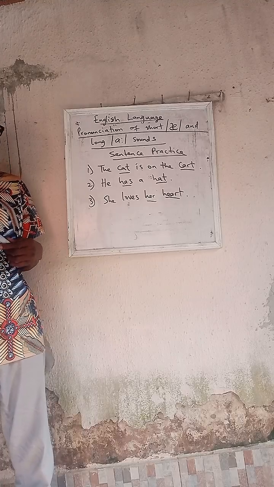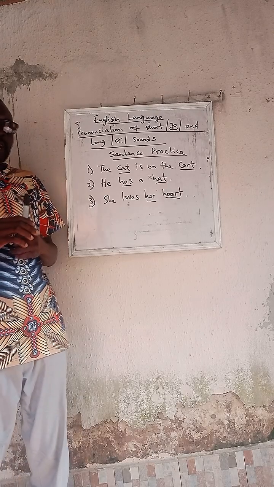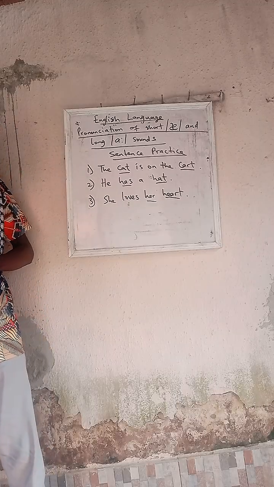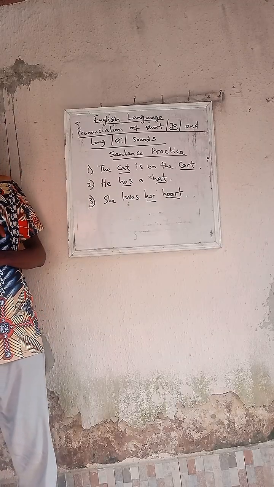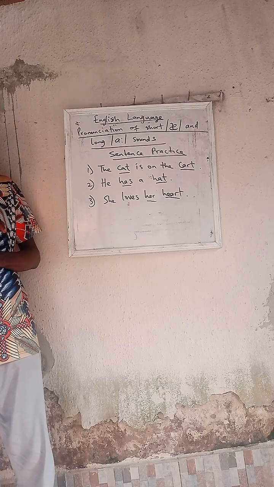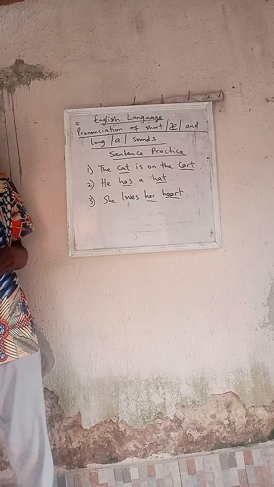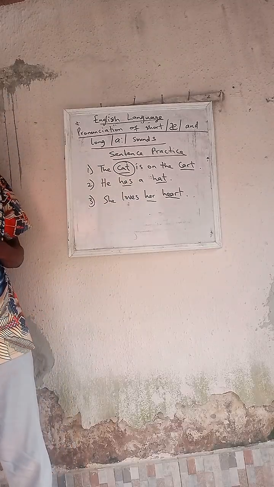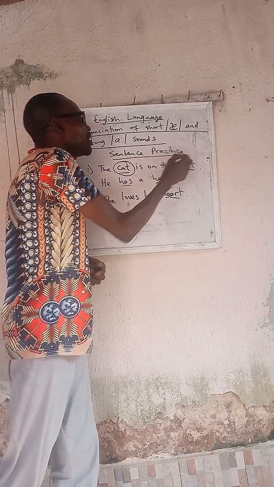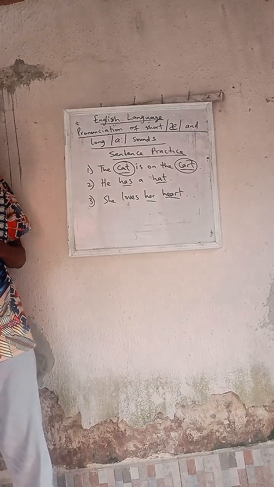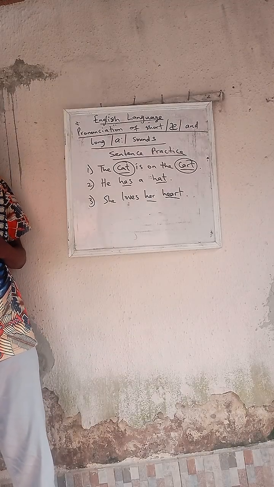Okay, now, Sarah, can you identify the short sound in the first sentence? Okay, good. This is the short sound. What about the long? Okay, this is the long sound. Brown, can you identify the short or the long sound?